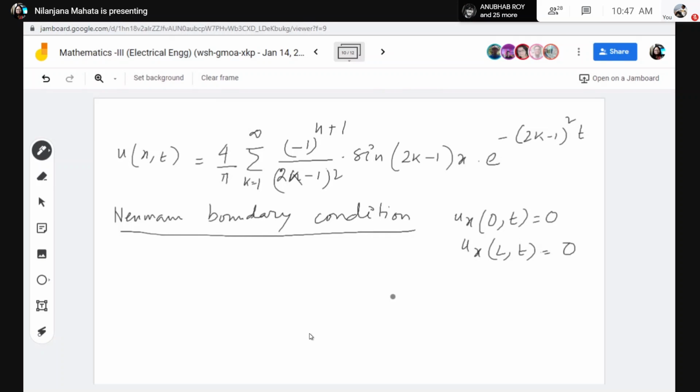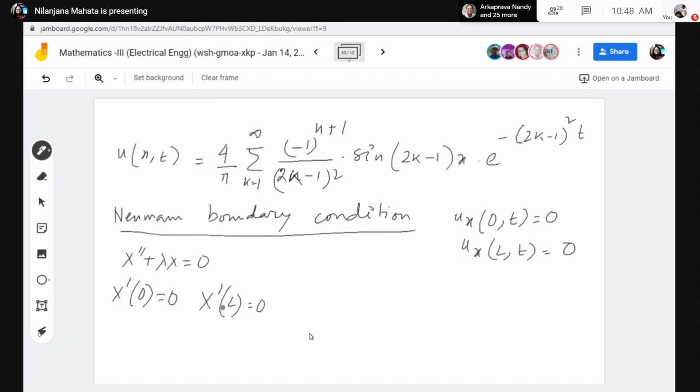For this, we have to solve this equation with the boundary condition x dash 0 is equal to 0, and x dash L is equal to 0.